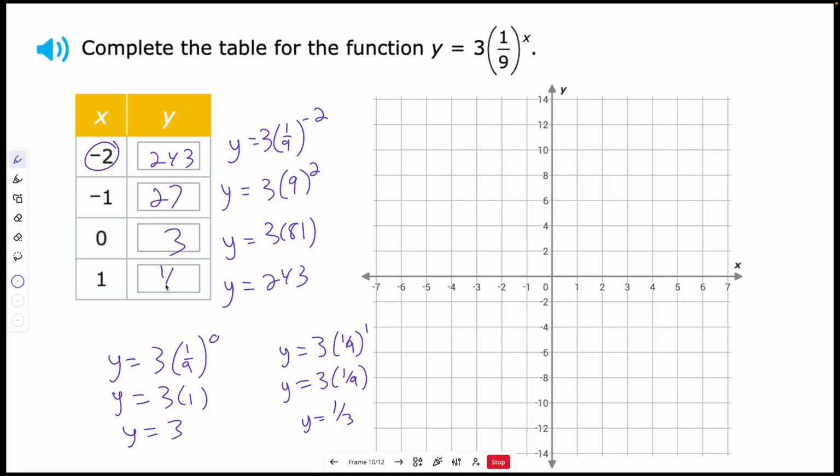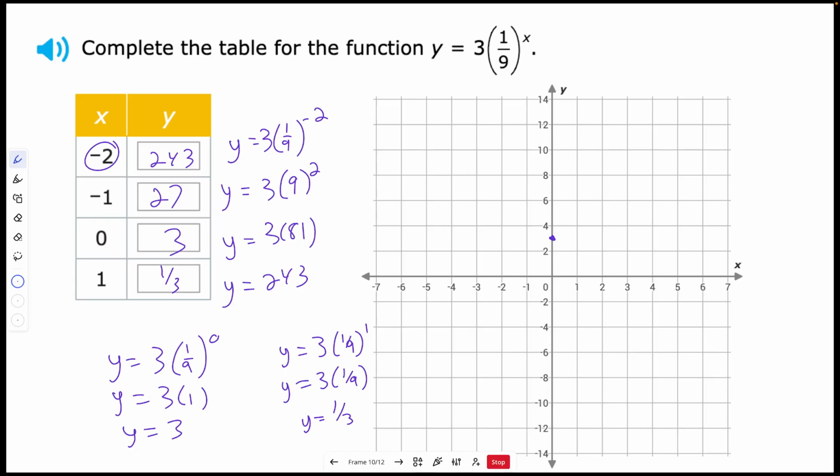All right. So now, which one to graph? Let's do the 0, 3. That one's an easy one. And then, well, I don't think I have a big enough graph here, but let's just do the 1, 1/3, I guess. It's the best one I can do here.